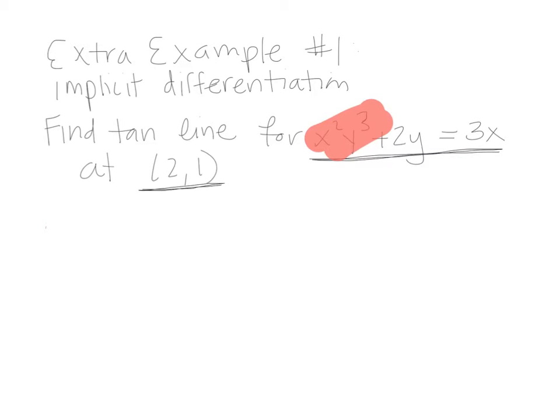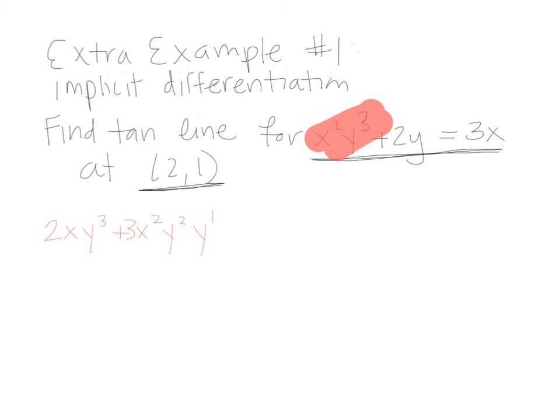So the first one is going to be 2x times y to the third. And then I didn't find the derivative of y, so I don't put y prime. Plus x squared times 3y squared, and then I have to add y prime because I found the derivative of y.